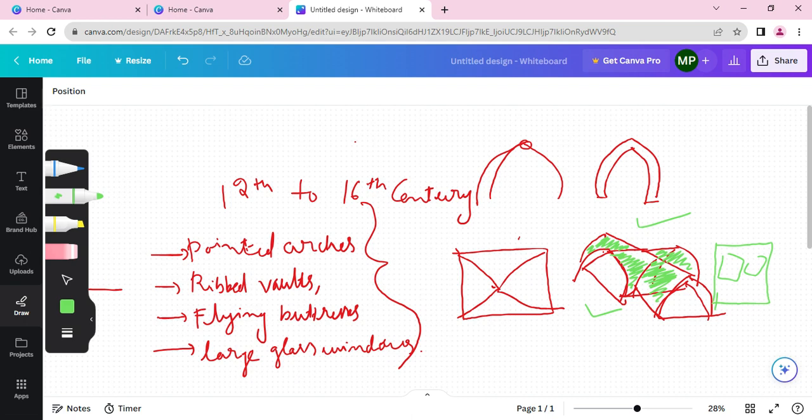You might all have heard about flying buttresses. So what are flying buttresses? Flying buttresses are external supports that help to distribute the weight of the roof and walls.